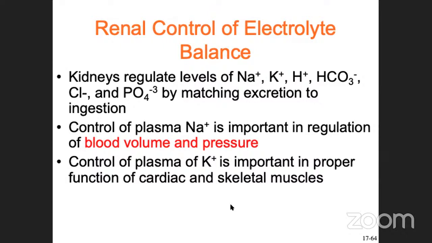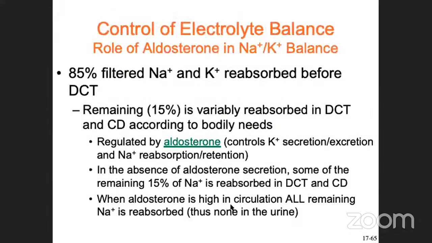The control of plasma potassium is also important for the functioning of cardiac and skeletal muscles. For the filtration activity, we need sodium and potassium to regulate this activity.